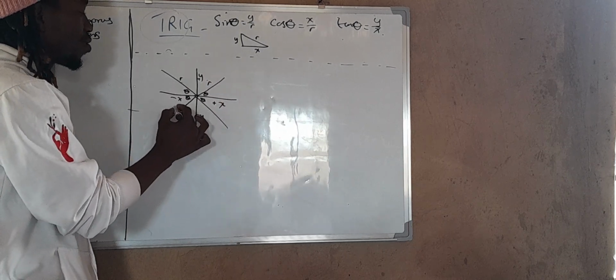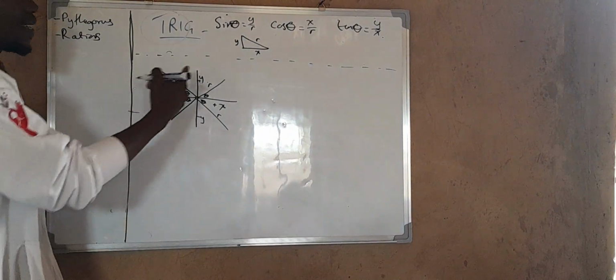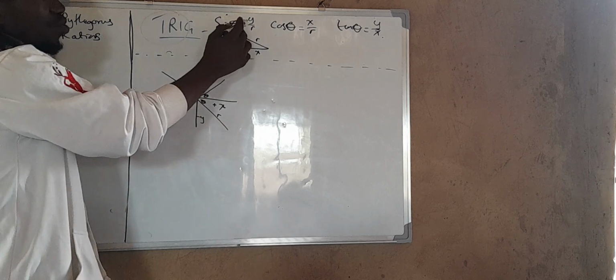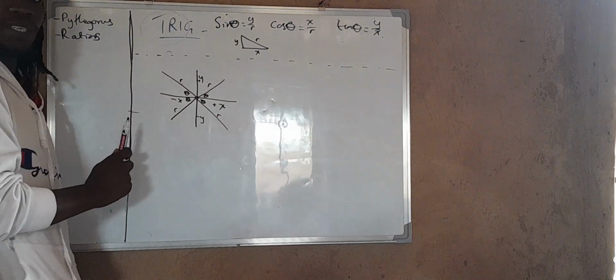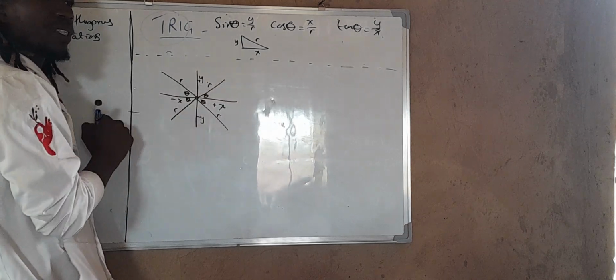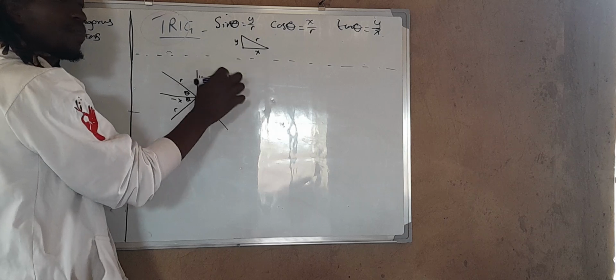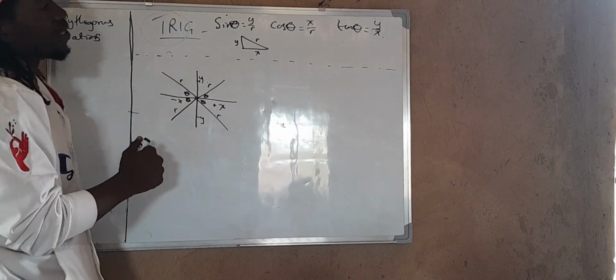And I said the radius is always positive, right? So if we're talking about sin theta here, we know that sin theta is equal to y over r. If we check in this quadrant, y is positive. What about r? Positive. So it means that sin theta is positive in the first quadrant, right? What about cos theta?